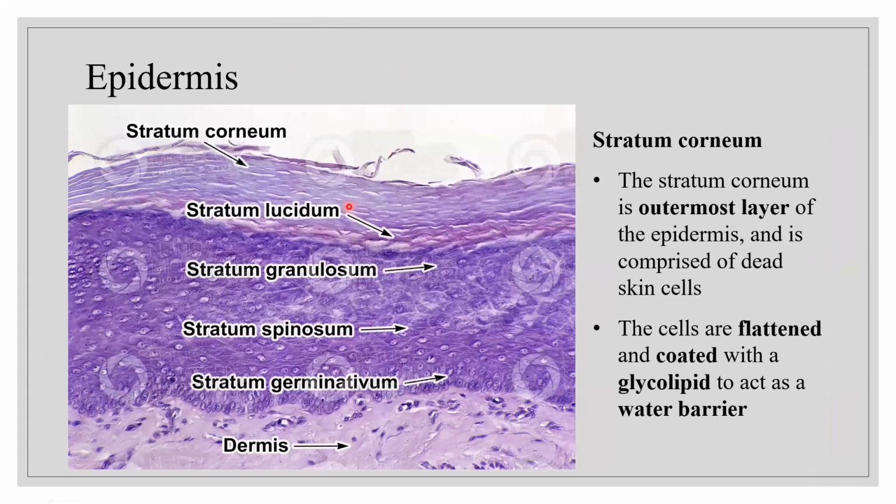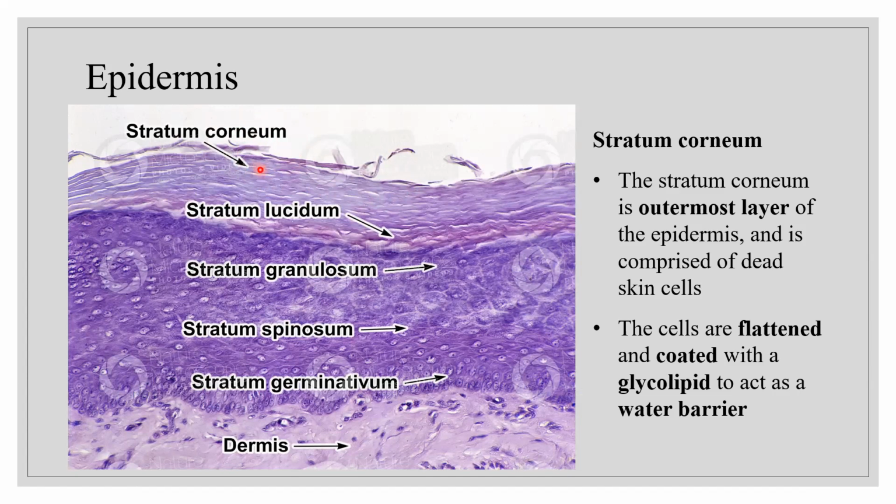First is the stratum corneum, the outermost layer of the epidermis, and it is comprised of dead skin cells.